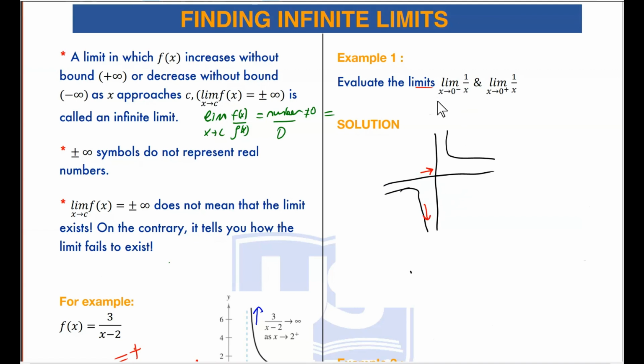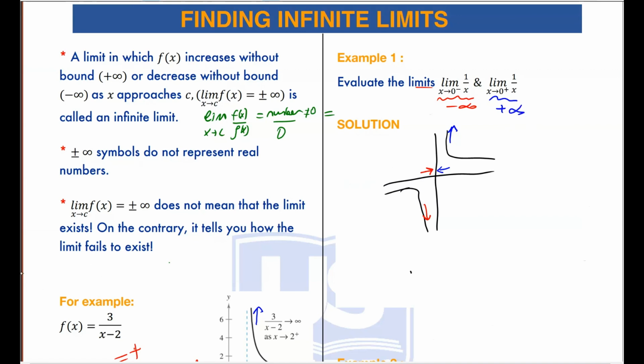So the answer to this question is negative infinity, right? Similarly, as x is getting closer and closer to 0 from the right, your function is getting unbounded in the positive direction. So this part, the right part of 0, is heading up unbounded towards positive infinity. So the answer to this question is positive infinity.